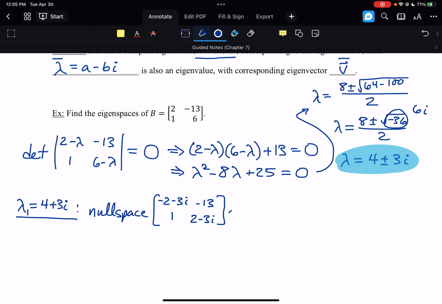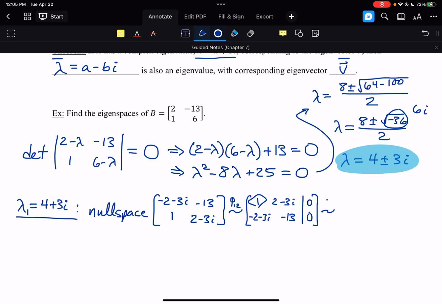We can perform EROs on this. i is an imaginary number, but it still behaves like a number. So if we go ahead and just permute the rows, let's get the pivot in that upper left-hand corner here. We get negative 2 minus 3i and negative 13, augmented with zeros.